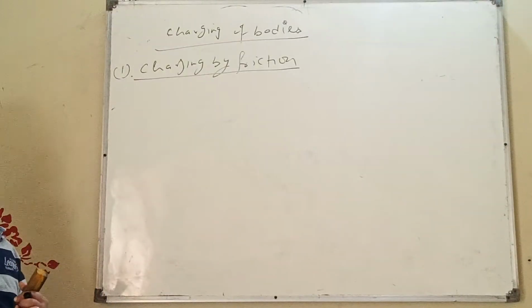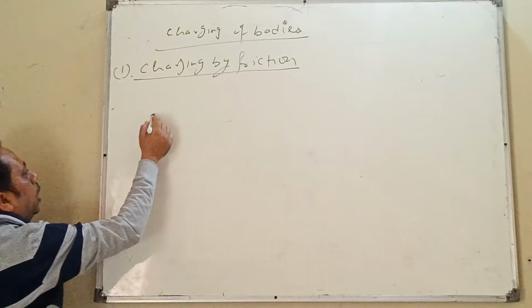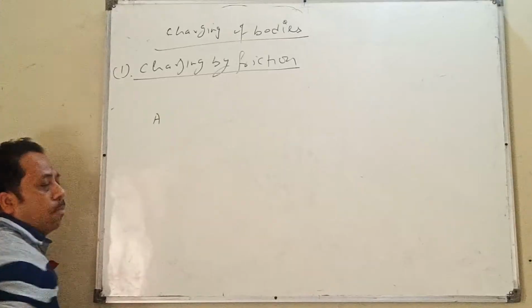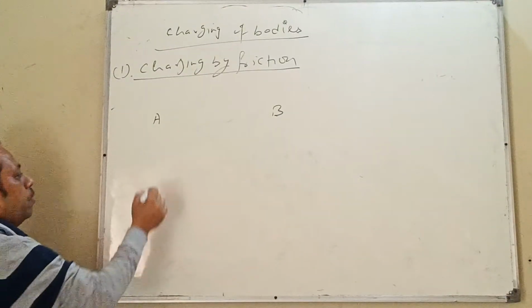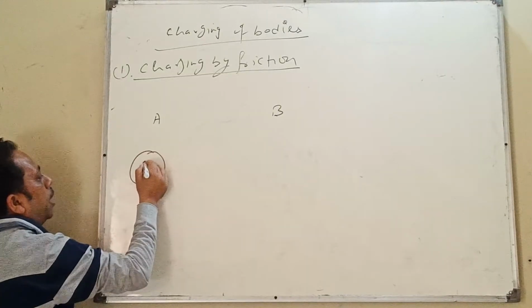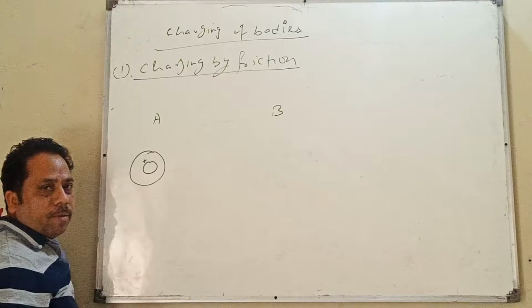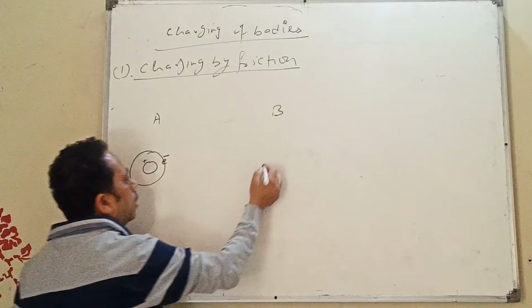As we all know, every matter is made of atoms or molecules. If we see that body A and body B are there, then you will find that they are made of atoms, and in atoms we have a positively charged nucleus and electrons revolving around it.